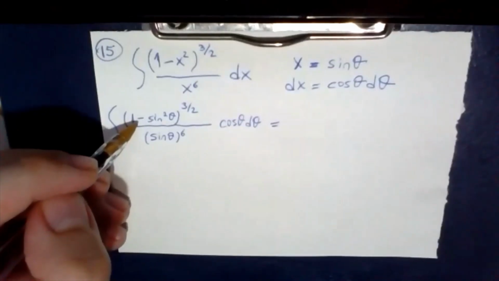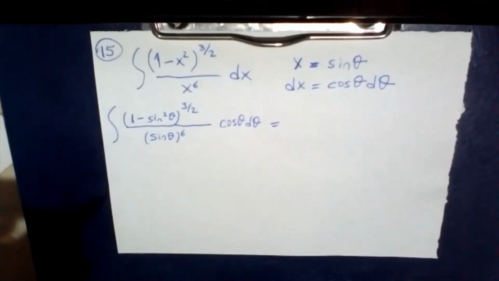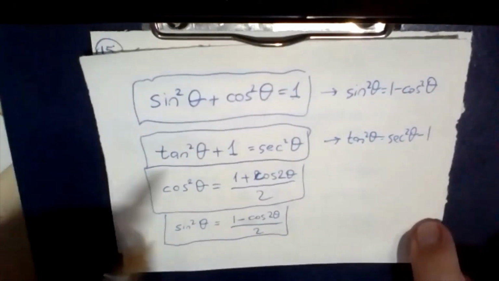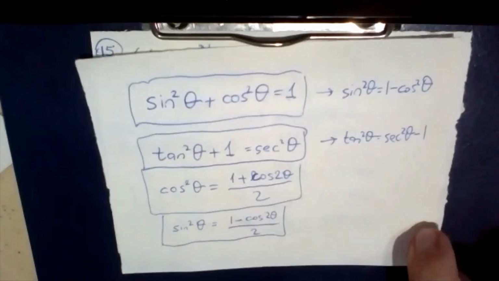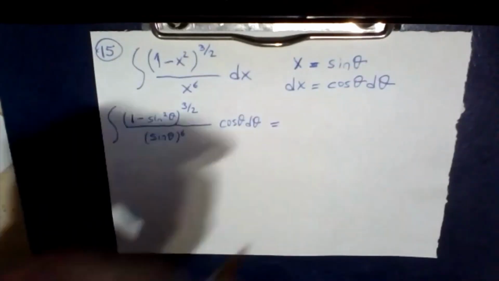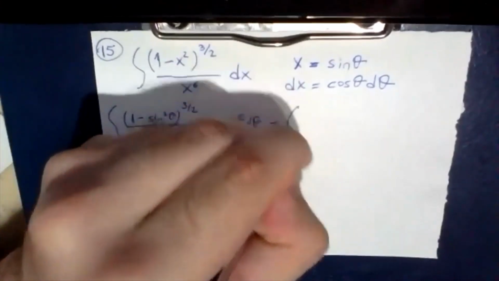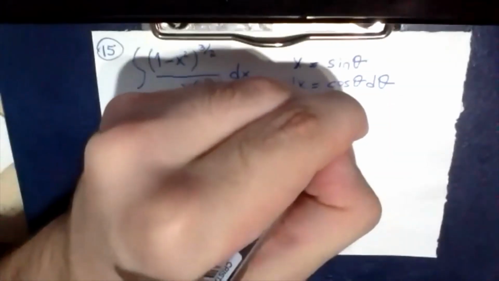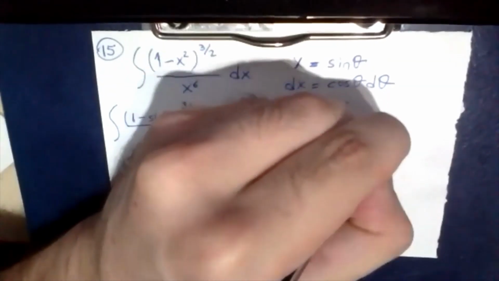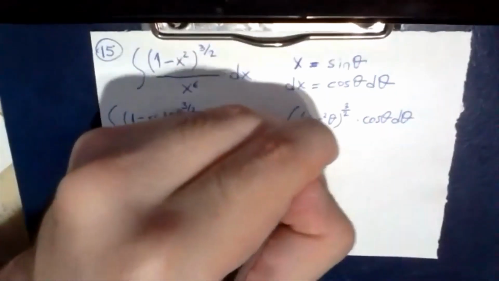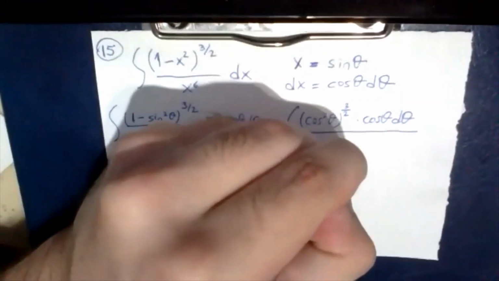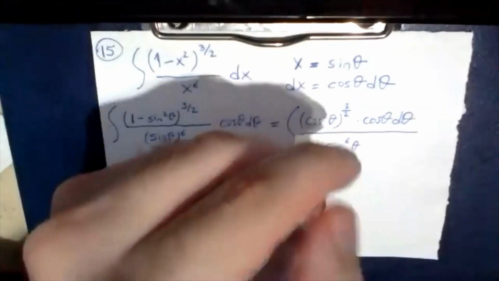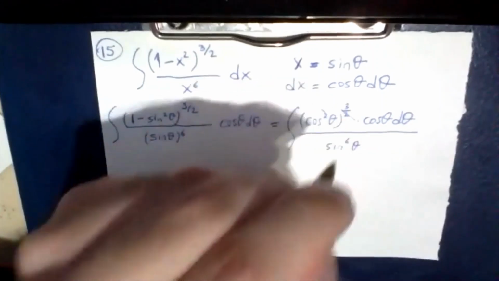By trigonometric identities, 1 minus sine square theta is cosine square theta. So it is cosine square theta with power 3 over 2 times cosine theta d theta over sine theta to the 6. The cosine square and the power of 3 over 2 are cancelled.